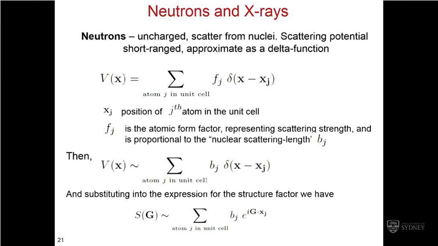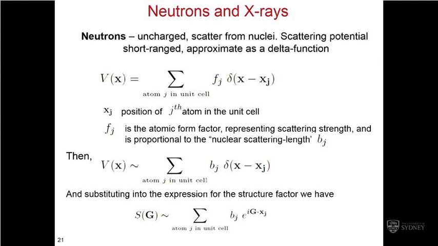And the form factor, these are terminologies that you can know and remember in terms of the scattering theory. For nuclear scattering, the atomic form factor is proportional to something called the nuclear scattering length b of j. So for neutron scattering, you can approximate the potential to be a delta function, where you have the nuclear scattering strength located at the position of the atoms, the nucleus.